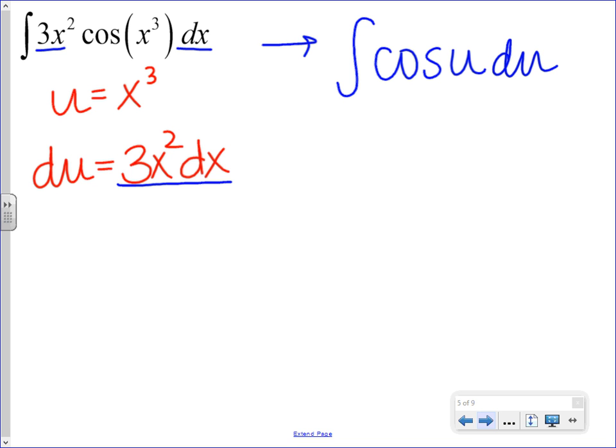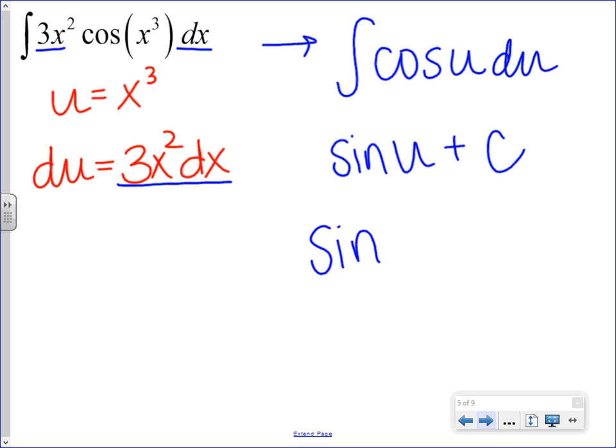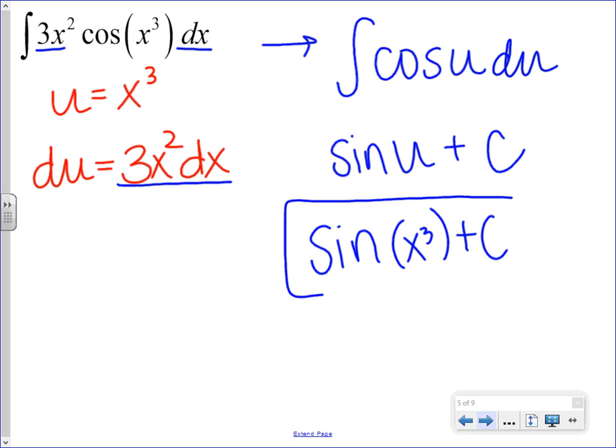Antiderivative of cosine is sine of u plus c, but then we'll go back and change it to the sine of x cubed plus c. Thoughts, observations?